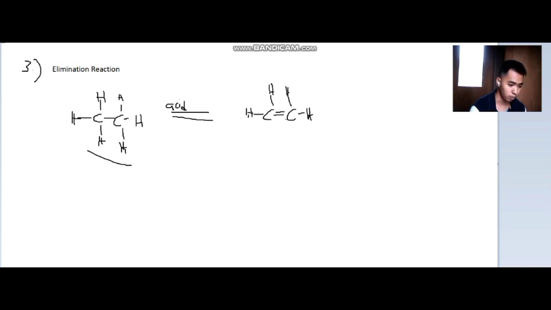So this is going to be named as an ethene with a double bond. So this is an example of the elimination reaction.